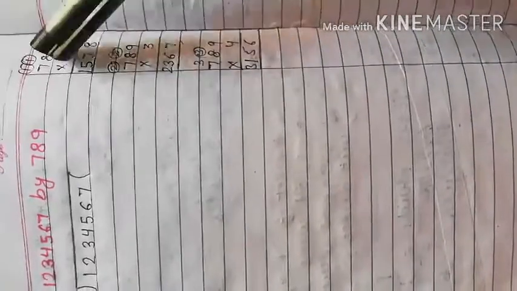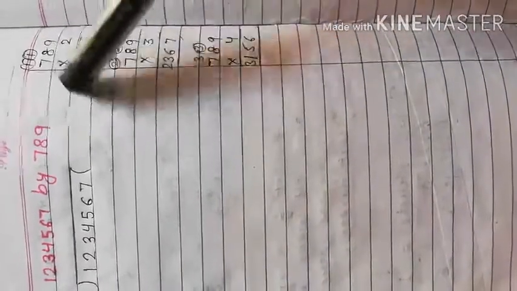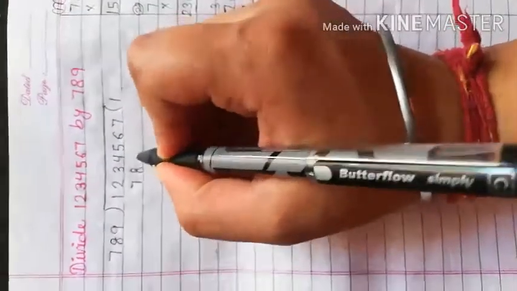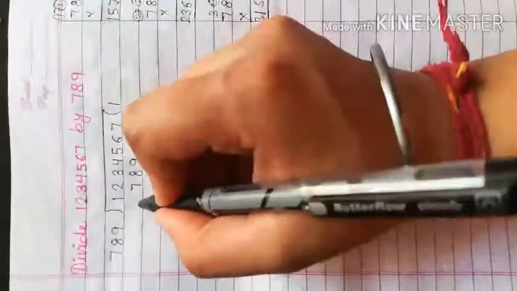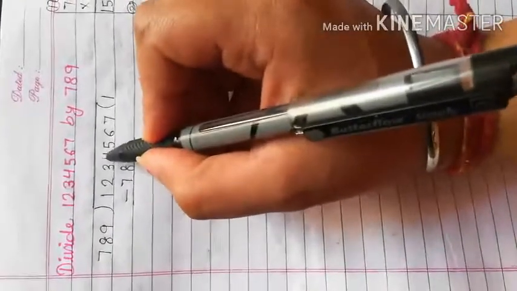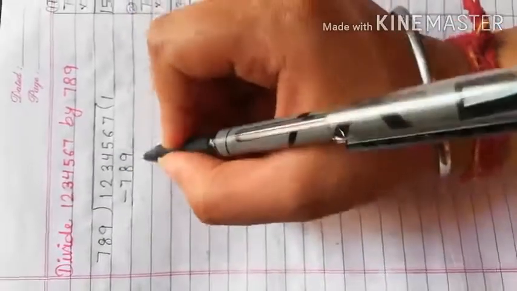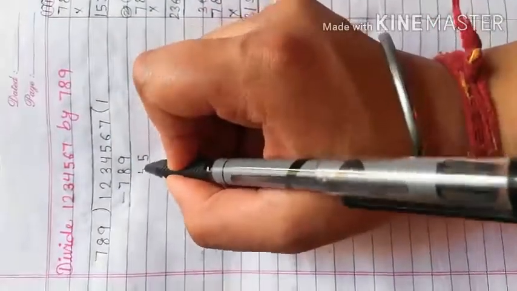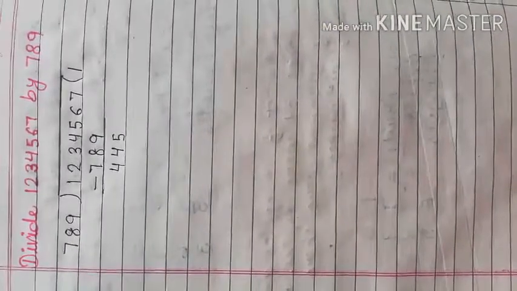I have written up to 4, but 789 twos are 1578, which is greater than this. So obviously we will take it on the first number. So our answer will be 789. Subtract. Here we have to subtract. So 4 will borrow. 14 minus 9 will be 5. This will become 12. 12 minus 8 is 4, and 11 minus 7 will be 4. So we have got 445 now.